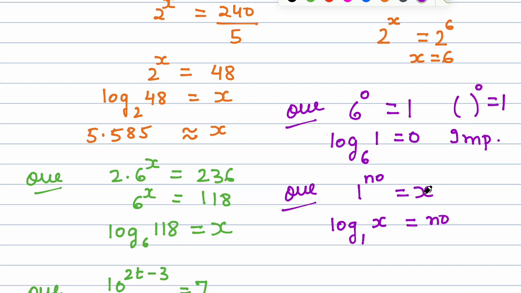Because then x will always be 1. So if I write log to the base a of x, then a cannot be equal to 1. Second important result: log of 1 is equal to 0, and if log base a of x is some number, then the base cannot be equal to 1.